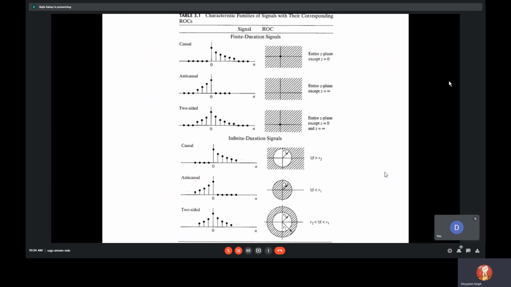If you want to make a note, you can make a note of this. With this, you can visualize various kinds of sequences.